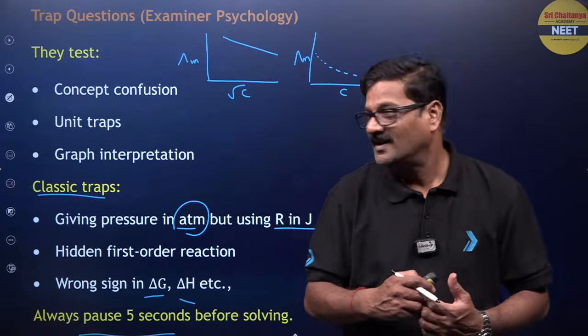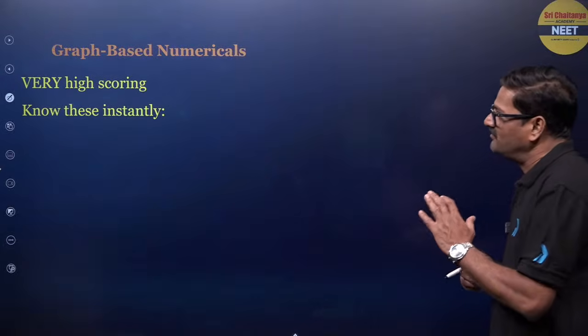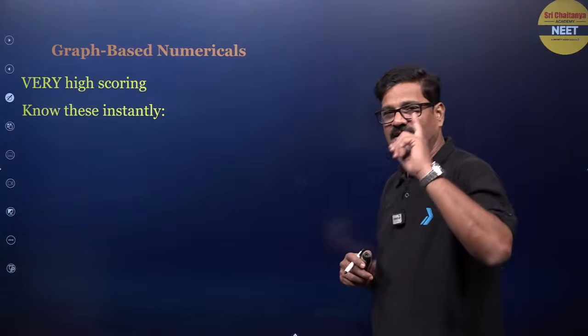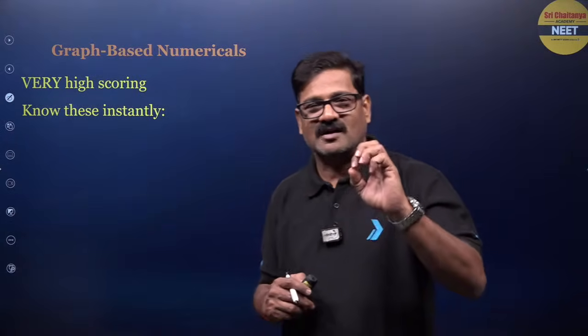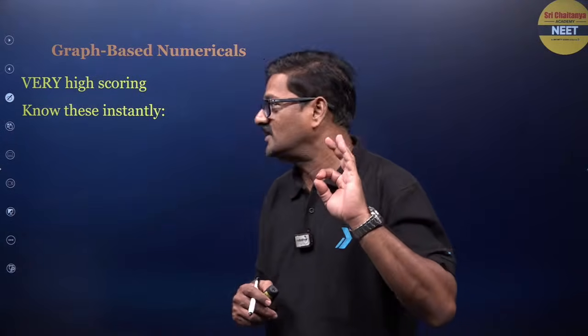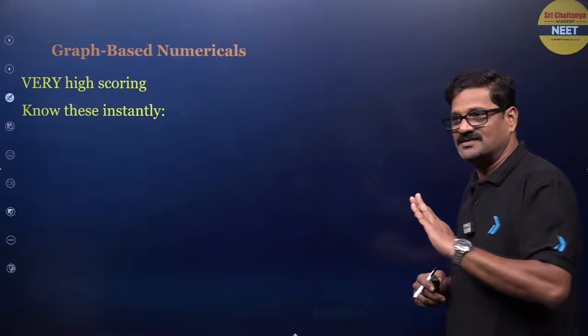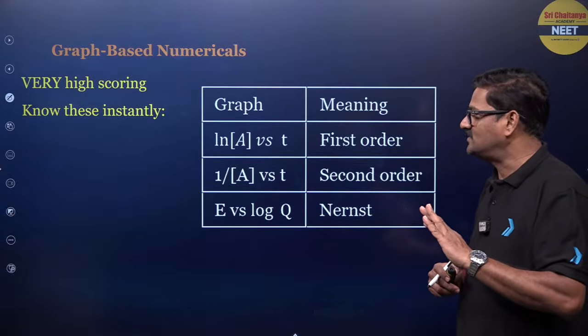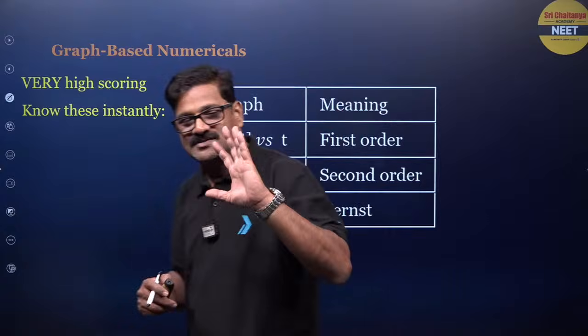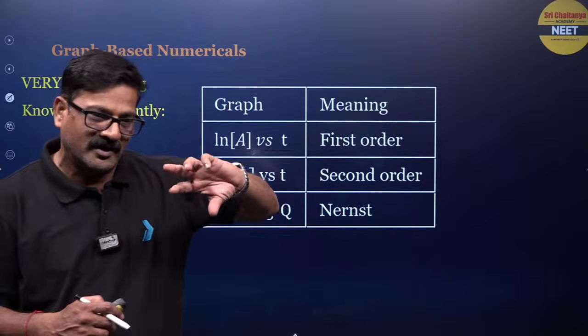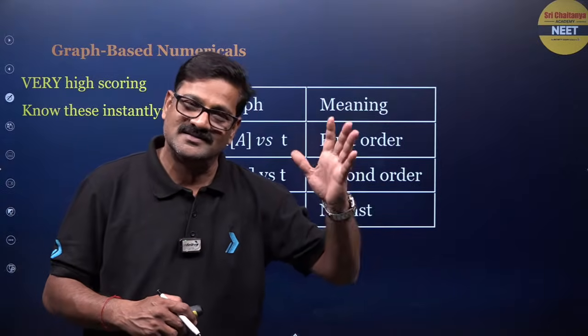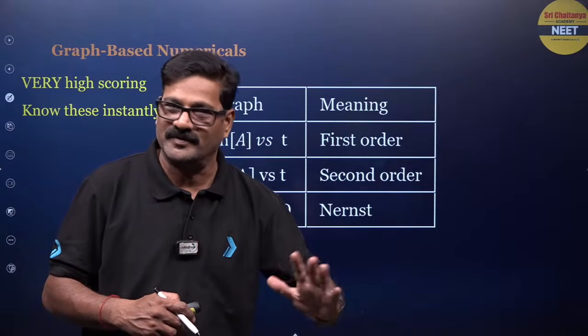Right. And graph based numericals, very high scoring. In chemical kinetics, graph based questions will definitely be there. Know this instantaneously, and don't get indulged in the graph and confuse yourself.